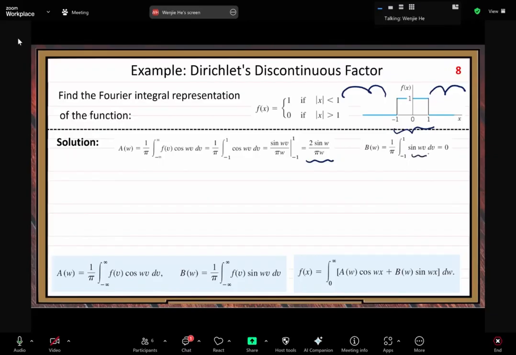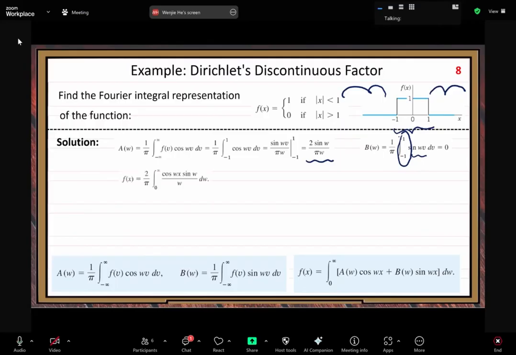The sine function is an odd function, and here you take the integral on a symmetric interval, from -1 to 1. On a symmetric interval, when you integrate an odd function, the positive half and negative half cancel out. So that's all 0.